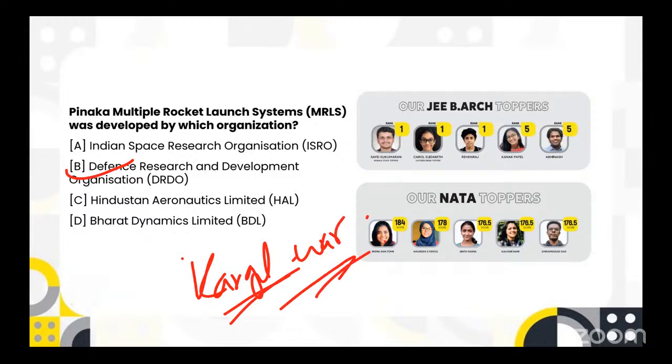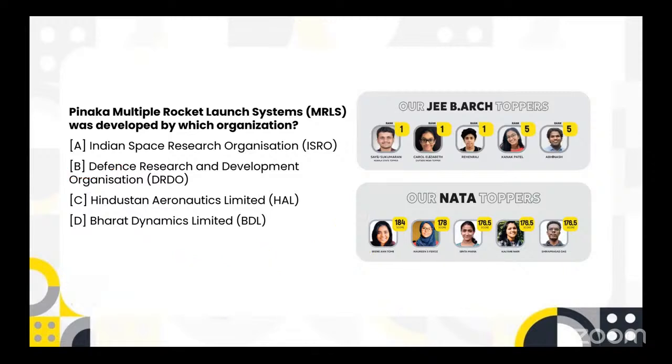After that, we slowly started to improve this Pinaka system. Now it can even carry 12 rockets, and the range can be around 75 kilometers from the firing area. Okay. All right, next one.